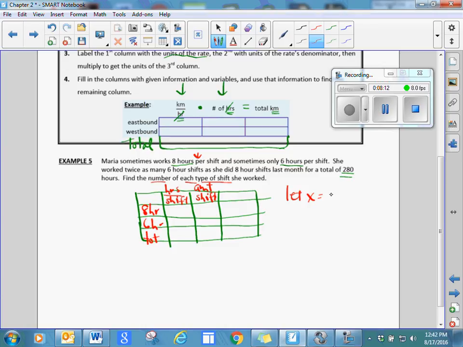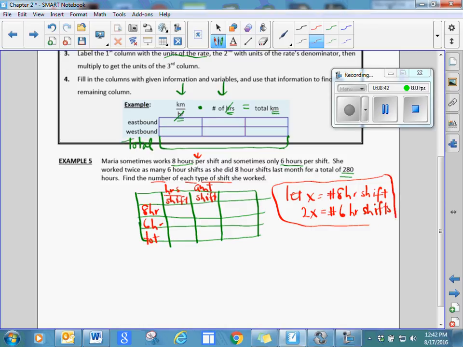So I'm going to let x equal the number of 8-hour shifts because she didn't work as many of those. Then to represent how many 6-hour shifts she worked, I can just double it because it said she worked twice as many 6-hour shifts. So 2x then is going to represent the number of 6-hour shifts.